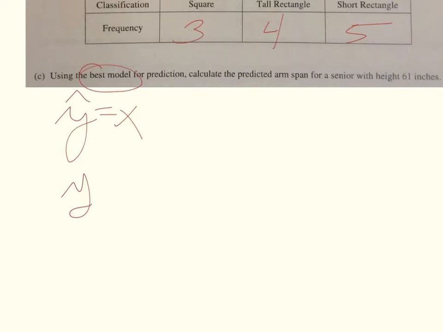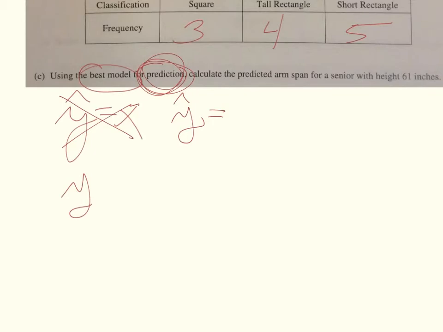And then I started doing this and realized that it's talking about using the best model for prediction, not for categorizing or classifying students. So I'm not using this model. I'm using the other model because it's the best model for predicting arm span. What we did in part B is talk about which graph is most helpful in classifying students, not in predicting.